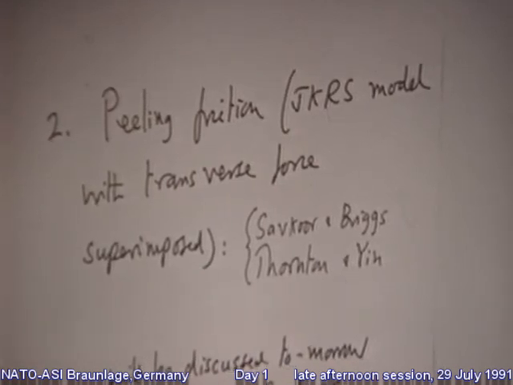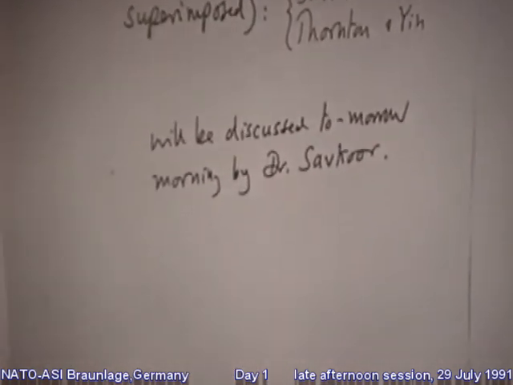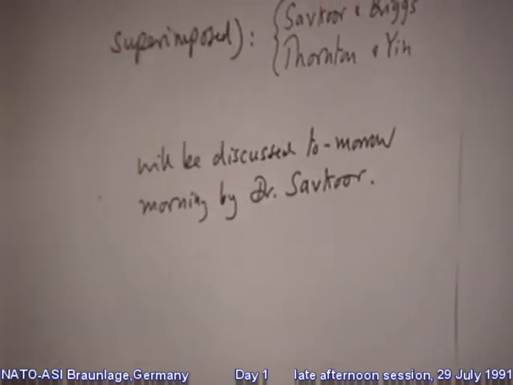Then there is the whole question of friction of a type that does depend directly on adhesion, such as has been described by Dr. Savkoor in his paper with Briggs in 1973, was it? And recently by Thornton. So I think I'm right that we will probably be mentioning this tomorrow, so I won't say anything more about that now.